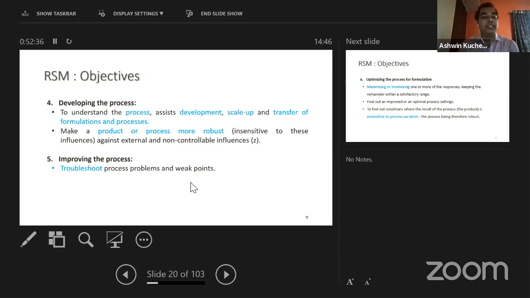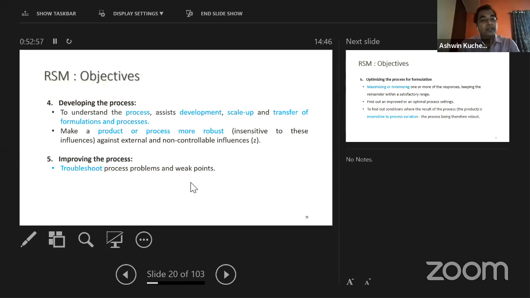The fourth objective is developing a process. So once I know the optimization and predicted values, once I know the response surface and the shape, I should understand the process. I should understand the scale up and technology transfer process that will make my process robust. Now here, the term process is of two types.